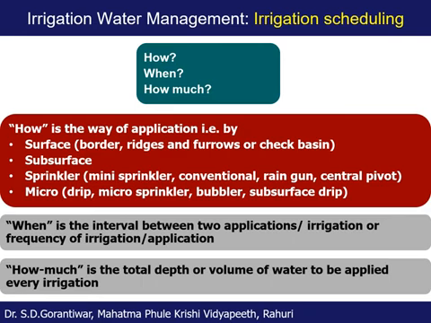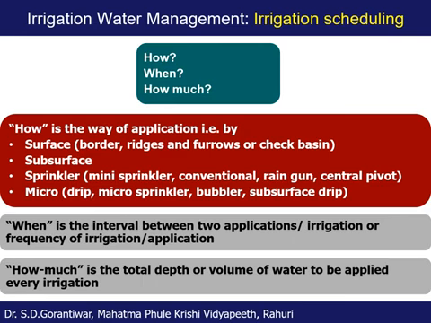Okay, so how to irrigate, when to irrigate, how much to irrigate constitute the irrigation scheduling. In this case, all the 3 questions are important, but the first question is the way of application. Now basically there are 4 ways of applying irrigation water to the crop, to the field.